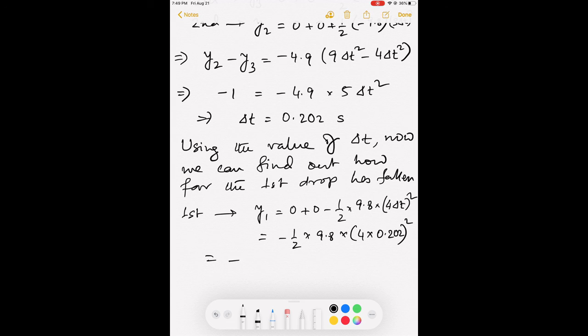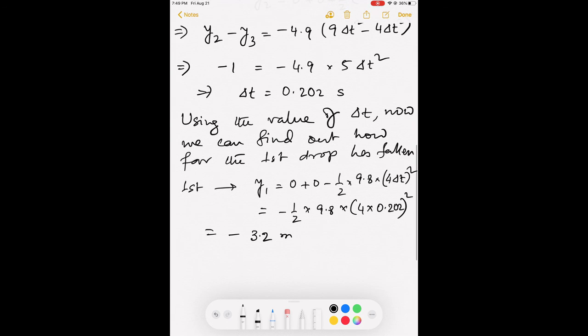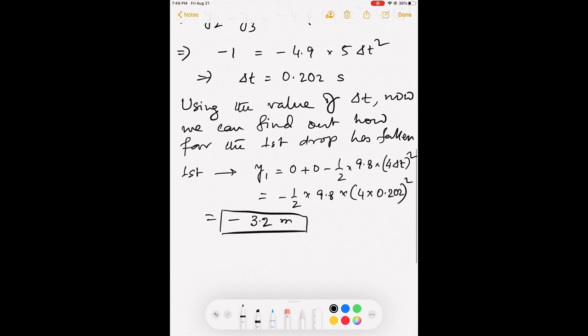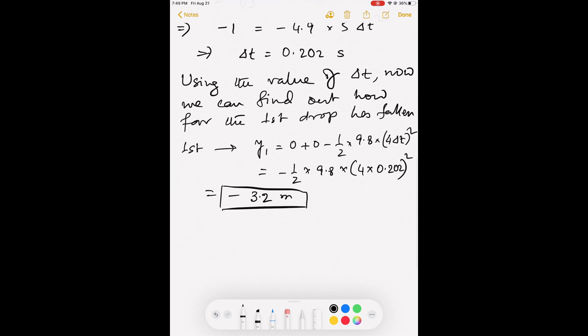Calculating that will give you minus 3.2 meters. Note the negative sign here. It makes complete sense to have y1 be negative, because y1 is right here, and this is 0. So if you have traveled this way, this has to be a negative number.